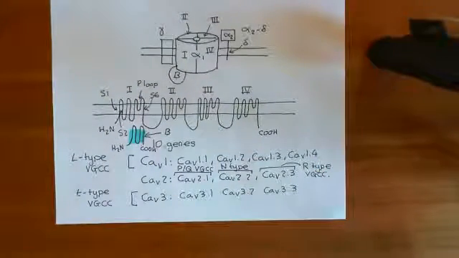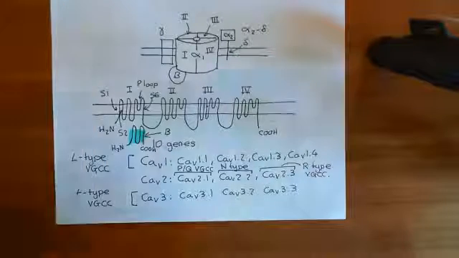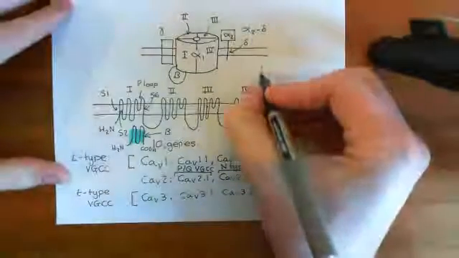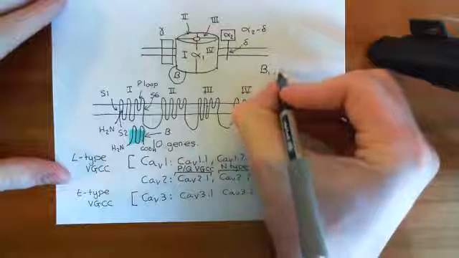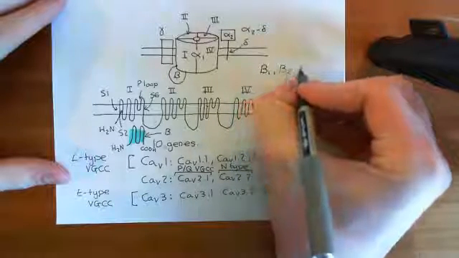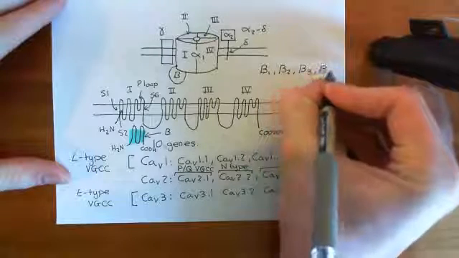Okay, right. So, how many different genes do you have for beta subunits? Because this gives you another level of complexity. So, okay, beta subunits, you have 4 different beta subunits. You have the beta 1 gene, the beta 2 gene, the beta 3 gene, and then also the beta 4 gene.